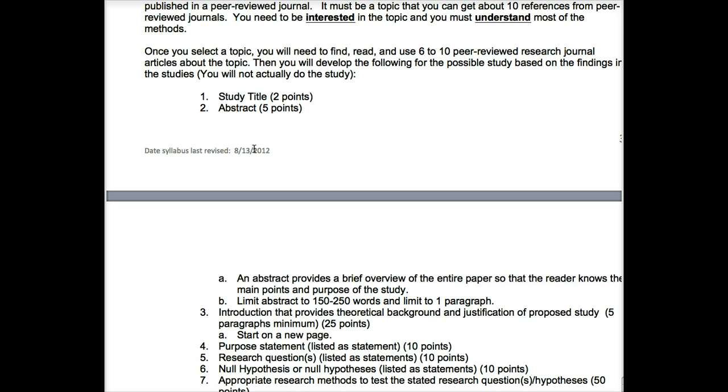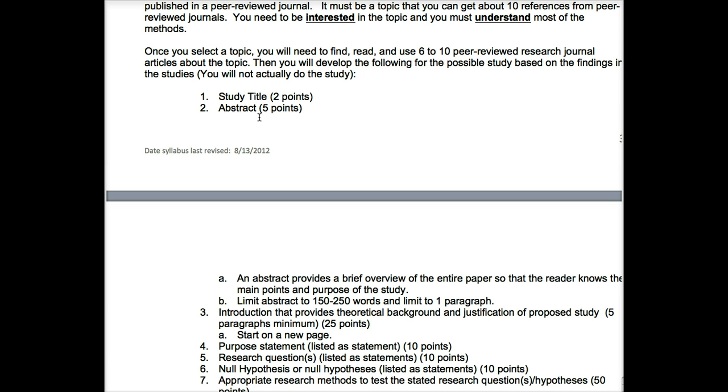Okay, so what you're going to provide for your paper, you're going to provide a study title, which is in accordance to our textbook. I talk about that in one of the lectures. And then you provide this on the title page, and then you'll provide it at the very top of your paper where the introduction goes. Not here on the abstract.